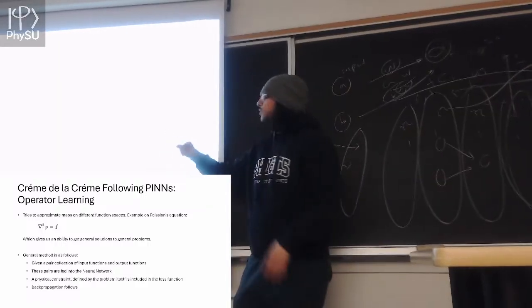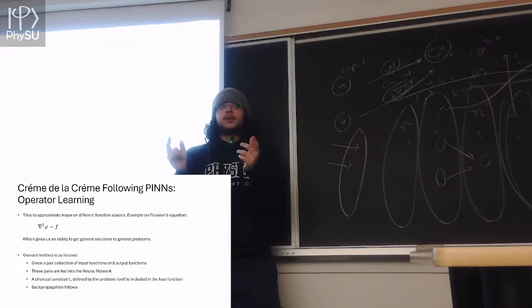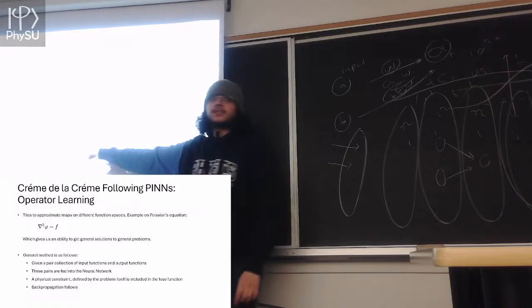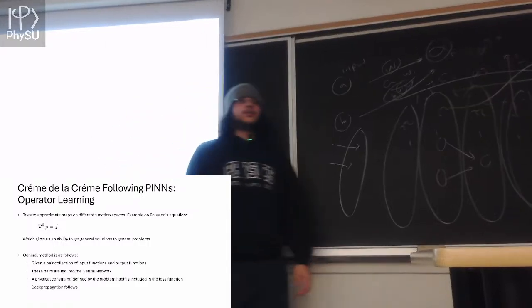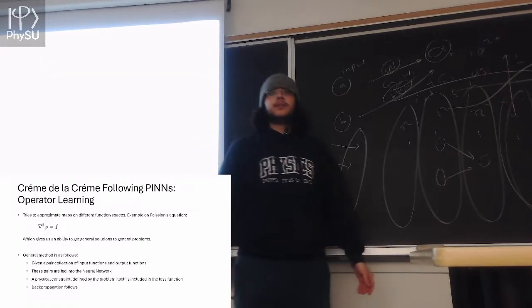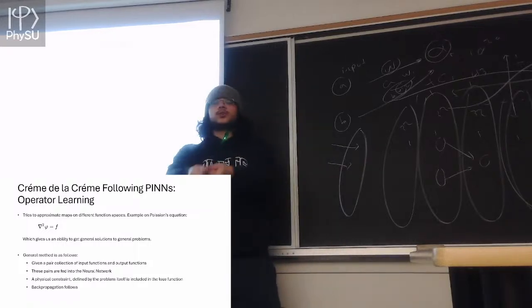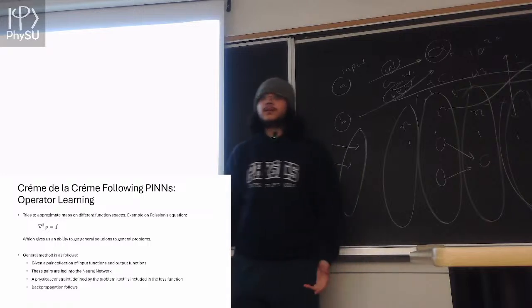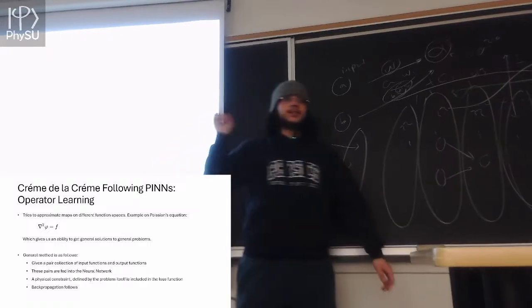What this would mean is you feed into it a very specific equation that behaves like Poisson's equation with different initial conditions and stuff. And then it's going to give you the solution of that differential equation, which is pretty crazy. And this is actually a pretty new field.